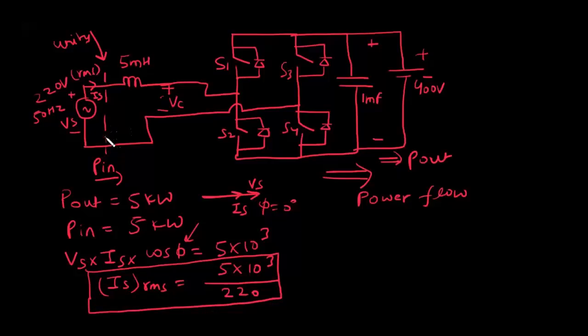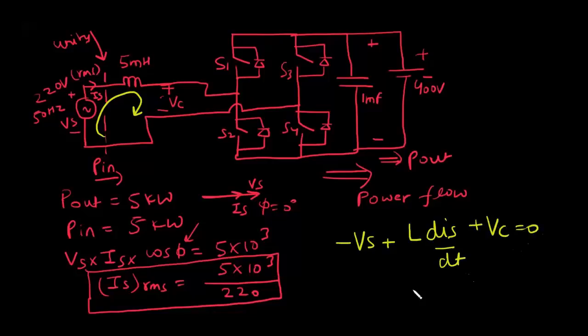Now if you apply KVL in this loop, you can write minus Vs plus L dis by dt plus Vc is equal to 0. So Vc is equal to Vs minus L dis by dt.